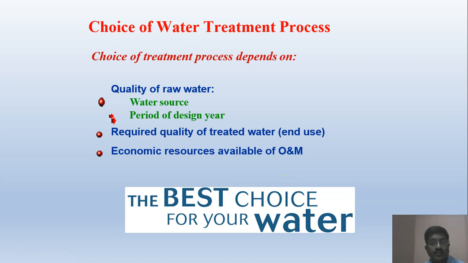Choice of water treatment process. The treatment that we are going to give to the water depends upon the quality of raw water, as we have discussed earlier. We have to understand what water source is there, the situation of that, and the characteristics of that.